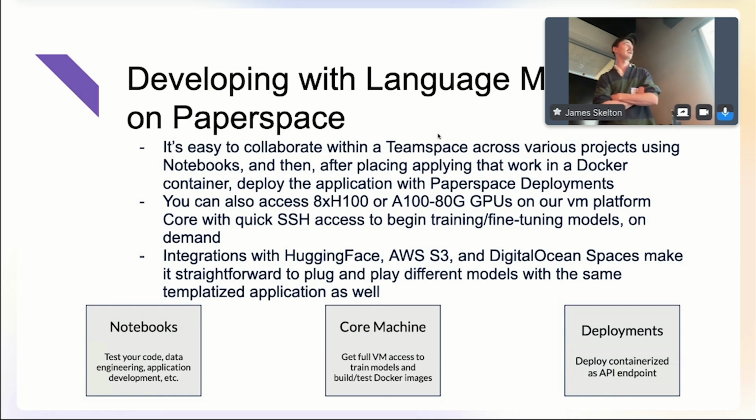You can access the 8X H100 or A100 GPU multi-GPU machines on our VM platform. So if you're ever doing training or fine-tuning, that is 100% what I would recommend. And integrations with Hugging Face, AWS S3, and DigitalOcean Spaces make it straightforward to plug and play with your different models if you build a templatized application.